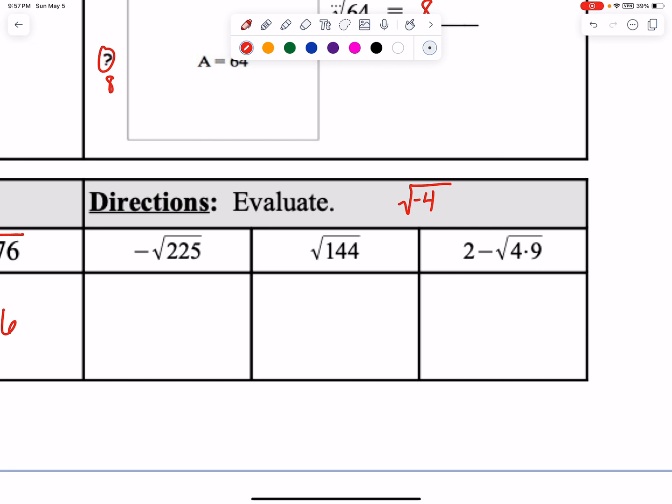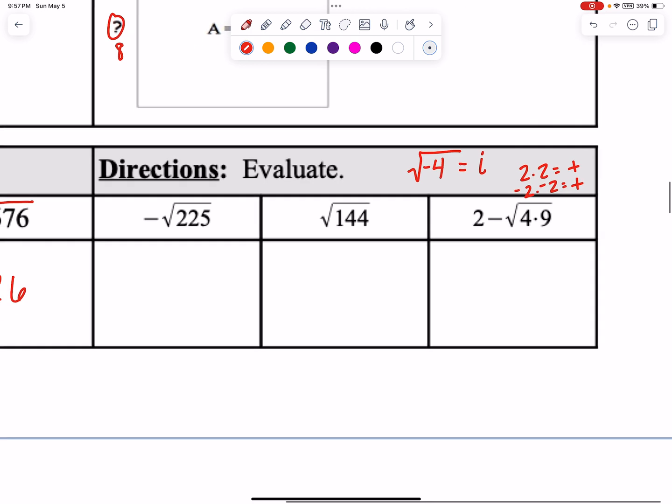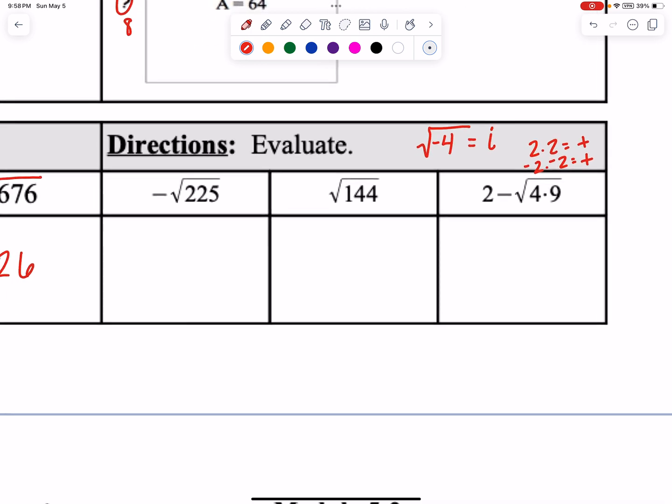If I put a negative inside there, is there any number times itself that can equal a negative? Well, 2 times 2 equals a positive, and negative 2 times negative 2 also equals positive. So that's not possible. I can't make the negative. This is what's called an imaginary number, where we use the symbol i. So just be aware of stuff like that, and be careful.